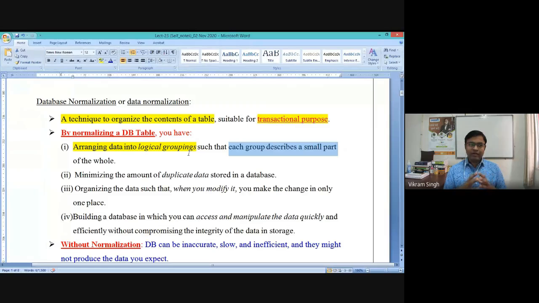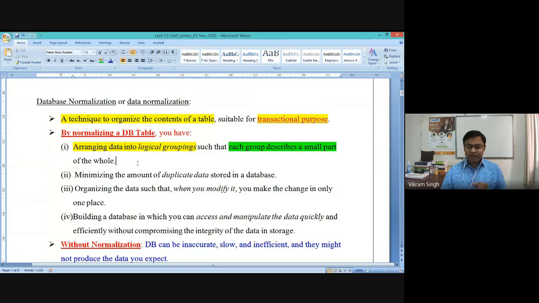Initially we are given one database table, and after normalization we will split it into maybe two or three database relations. That is the whole way of performing normalization.